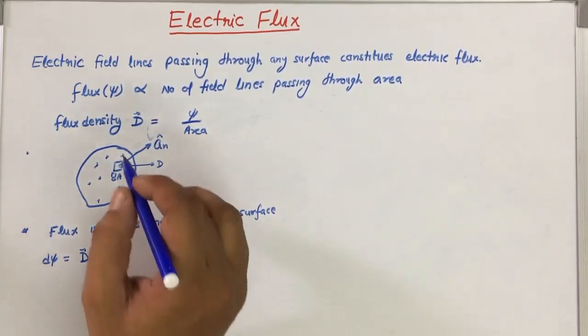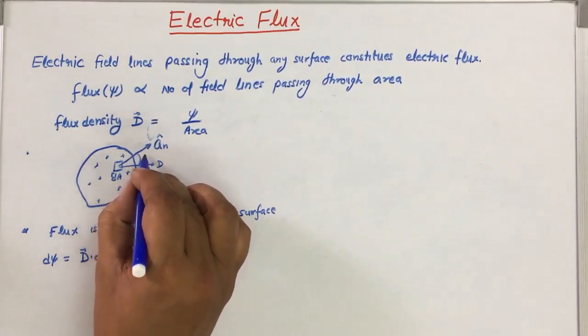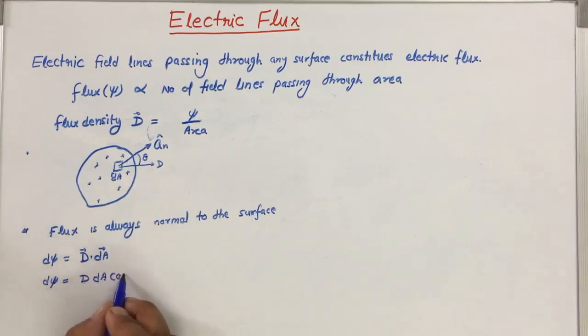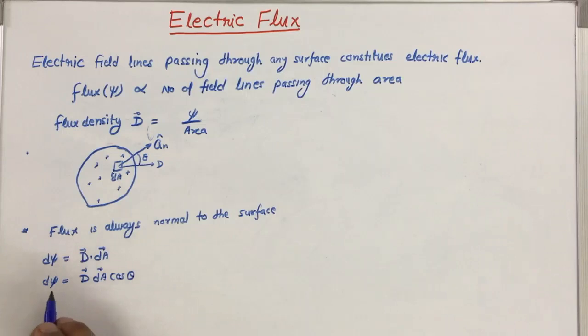After that, if the angle between these two is theta, then from here we can write d flux is equal to D dA cos theta. Or without simplifying, we can write that the total flux will be the integration of this for the full area.